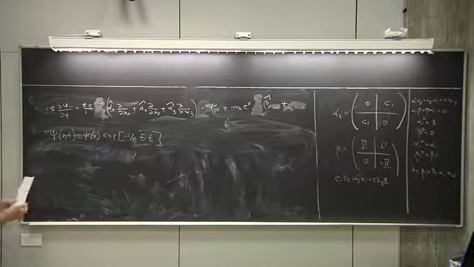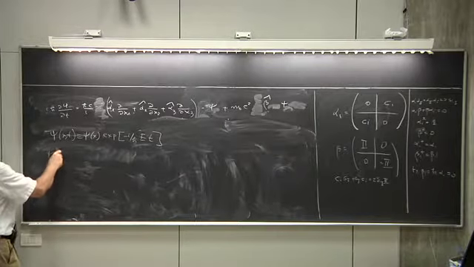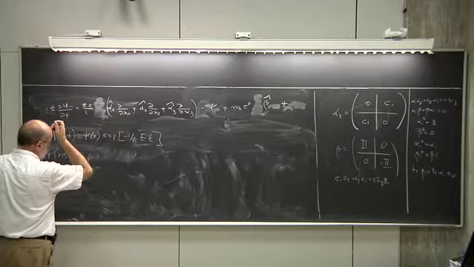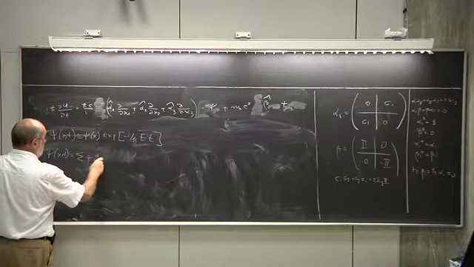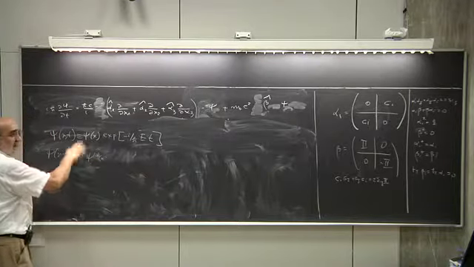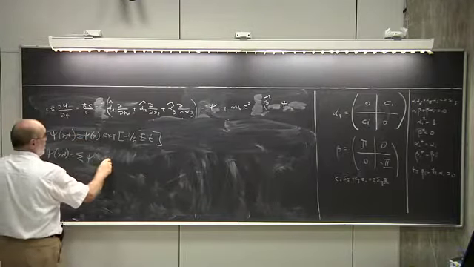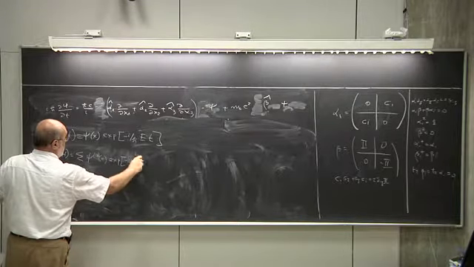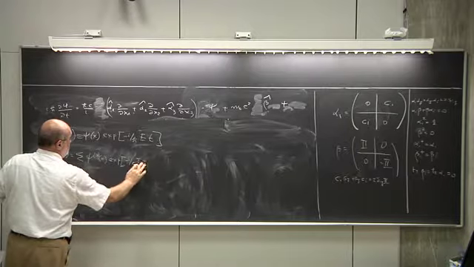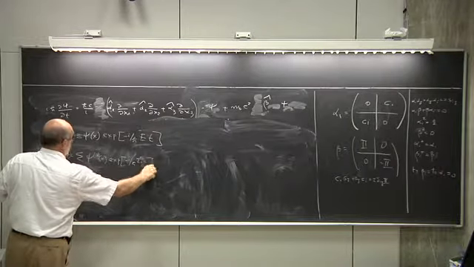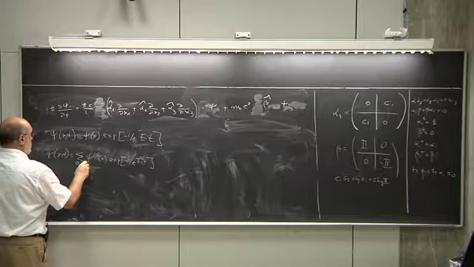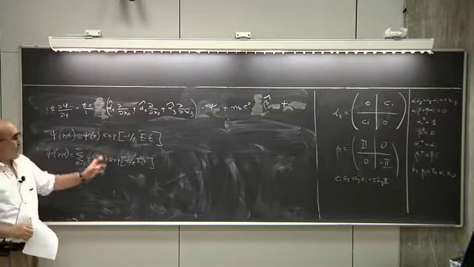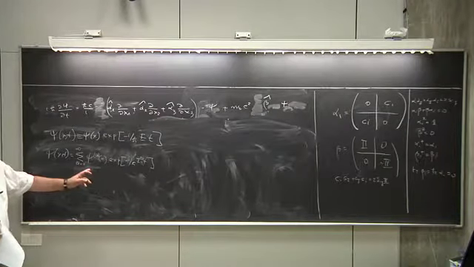So ψ(x,t) is a linear combination of ψ_a, where a is not the index of the vector components, with exponential of minus iE_a t over ħ. So the most general solution is a combination of this form.